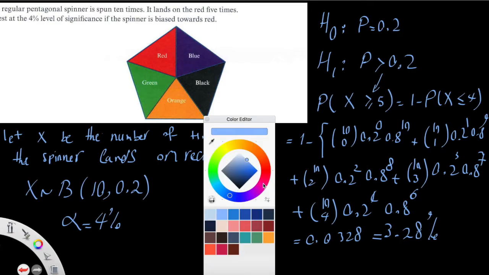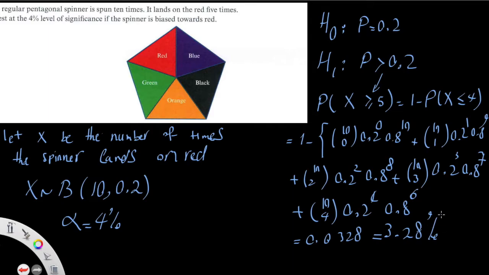Now, as you see, 3.28%, the significance level in the question is 4%, is less than 4%. So it is in the rejection region.